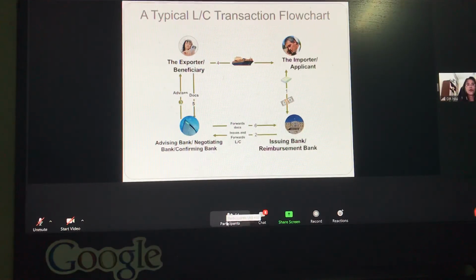If, for non-CP, the importer, the applicant, doesn't accept the non-CP documents, of course, the transaction stops at step number 6.